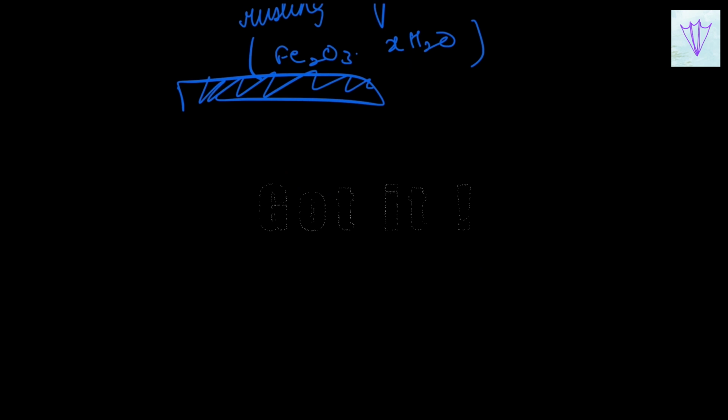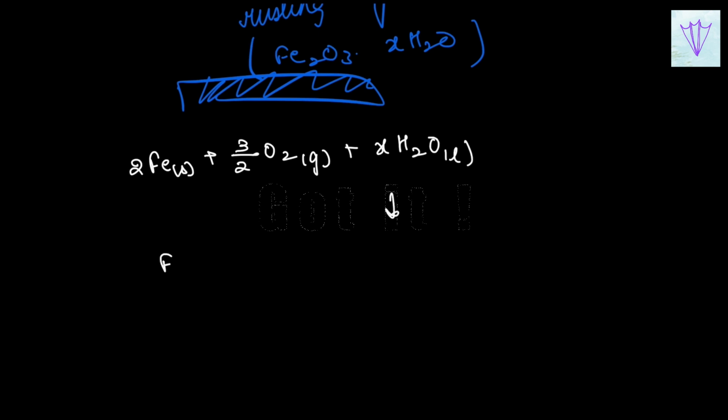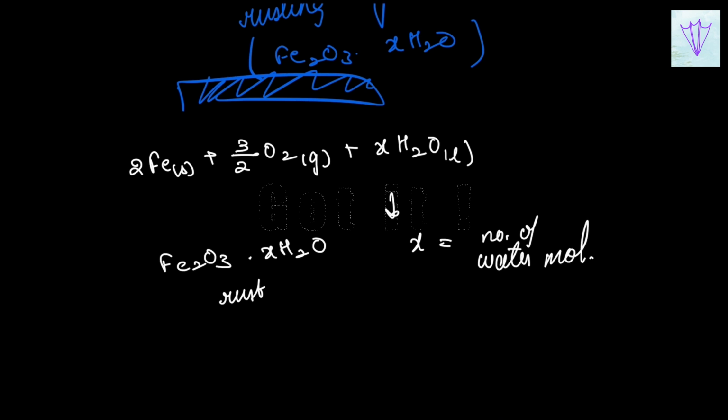Now we'll see the reaction. The reaction is 2Fe, which is solid, plus 3/2O2, which is gaseous, plus XH2O, which is liquid, will give rise to Fe2O3.XH2O, which is rust, where X represents the number of water molecules.